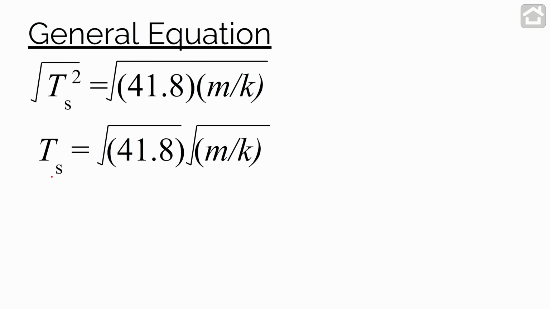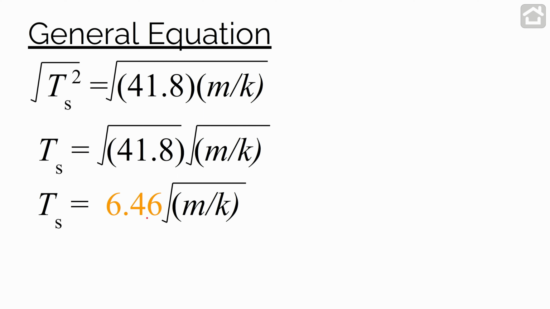On the left side we get just the period, and on the right side we get the square root of 41.8 times the square root of mass divided by the spring constant. The square root of 41.8 is 6.46. So our general equation is that the period of a spring mass system is equal to 6.46 times the square root of mass divided by the spring constant.